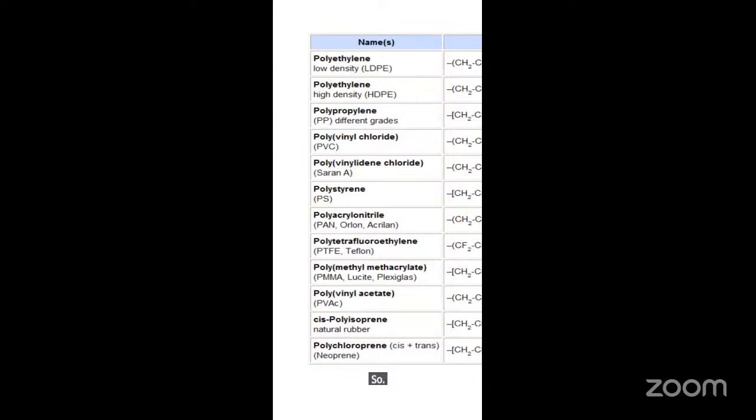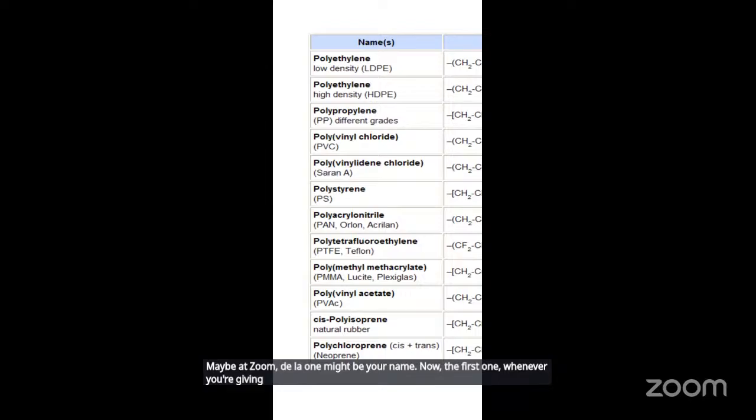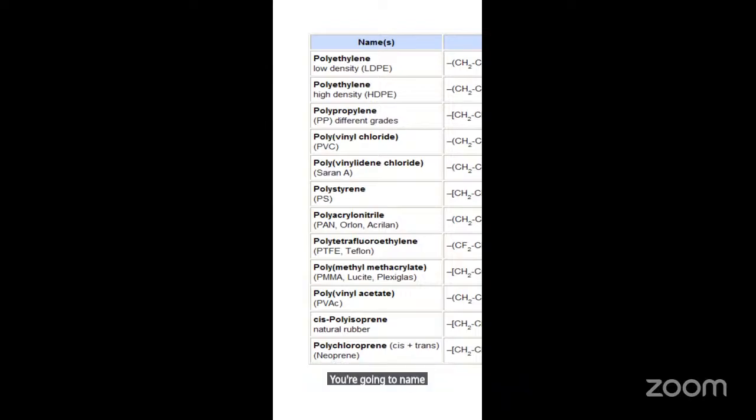So just like when you want to call your name, Lawal Abidemi, maybe assume that Lawal might be your first name. Whenever you're giving priority in naming, you're going to name the parent compound as triple bond, but you're going to start numbering from the double bond.